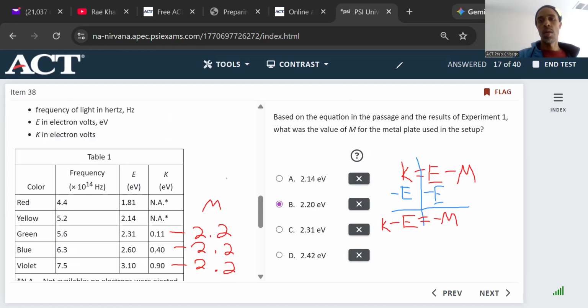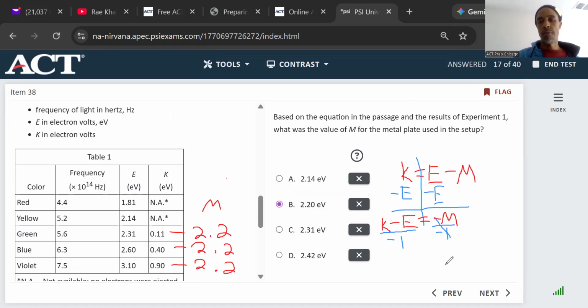So we have to divide by -1 to get the M by itself. And when we divide this whole thing by -1, we're basically changing the signs of the E and the K, right?